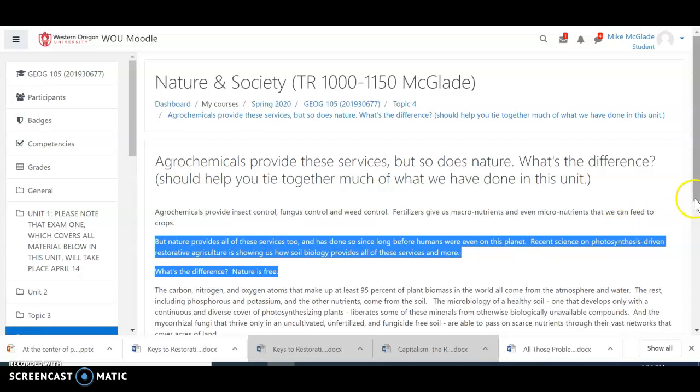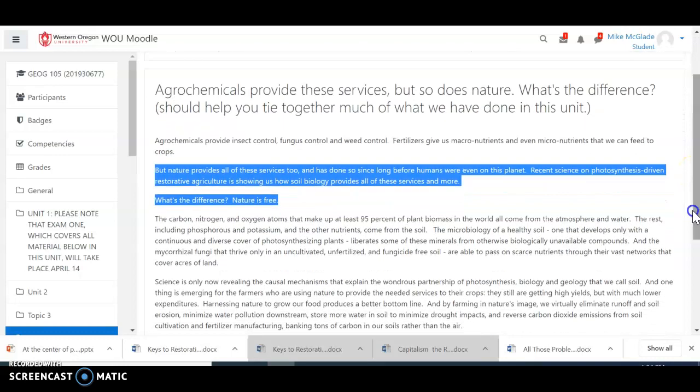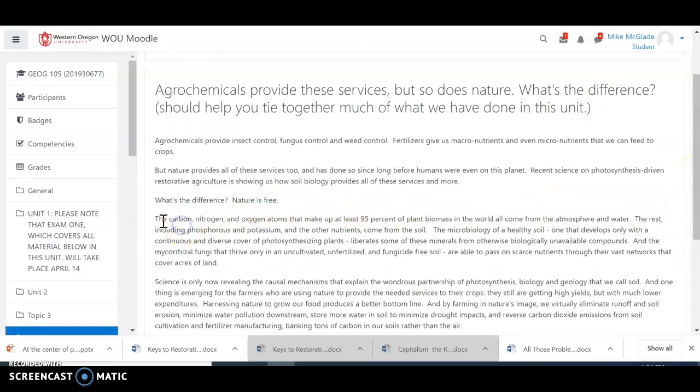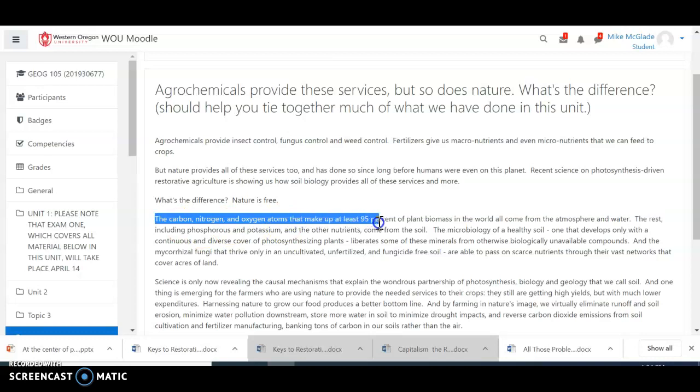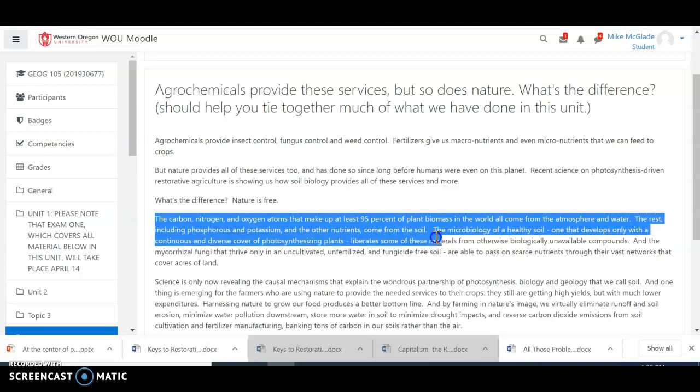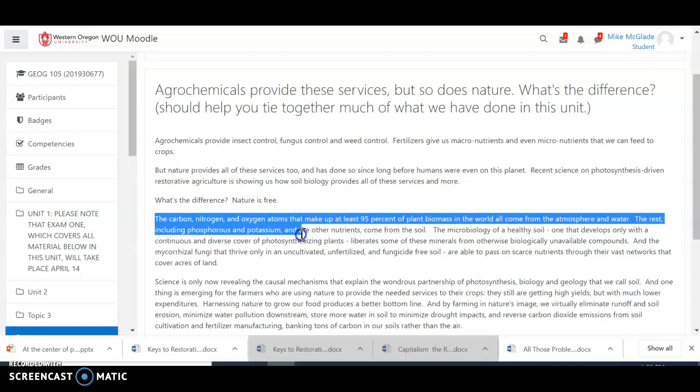What's the difference? The difference is nature is free. The carbon, nitrogen, and oxygen atoms that make up at least 95% of plant biomass in the world, it's a little more than that, all come from the atmosphere and water. The rest, including phosphorus and potassium and the other nutrients, come from the soil.